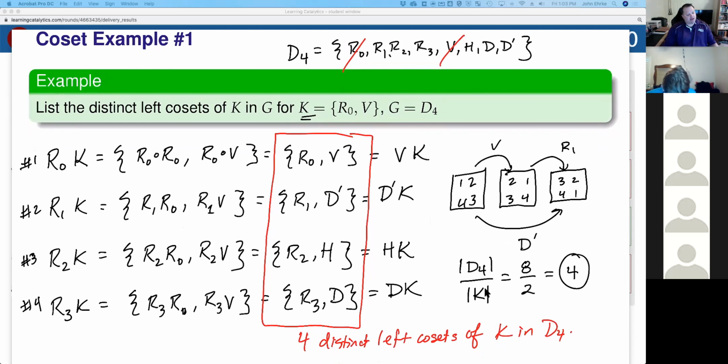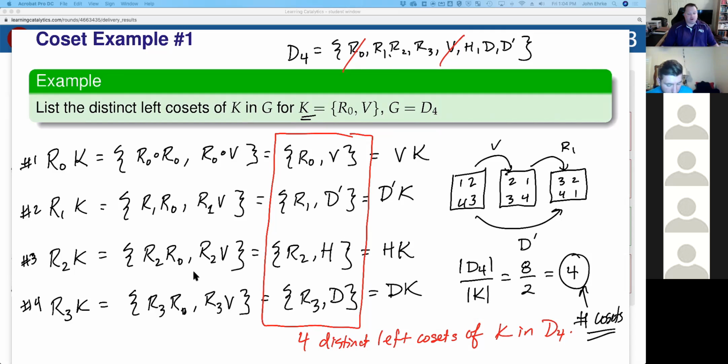So notice that when you divide the order of the group by the order of the subgroup used to generate the coset, you actually get the number of distinct cosets of that subgroup in that group. This tells you how many cosets that we should expect.